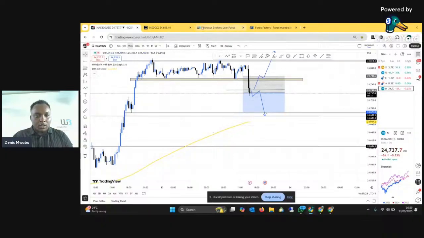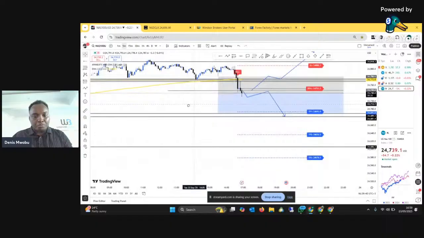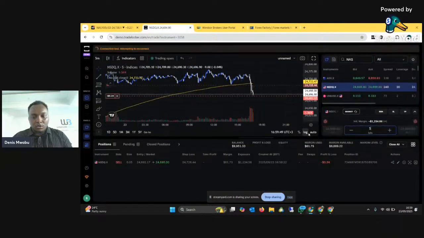So that Nasdaq has done what we wanted it to do. It has been able to break. It has come, tested our area, and now pushing down. So I just want to catch it with a very good lot size, and then we see what happens.